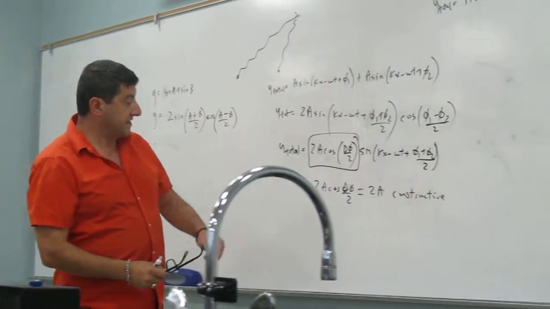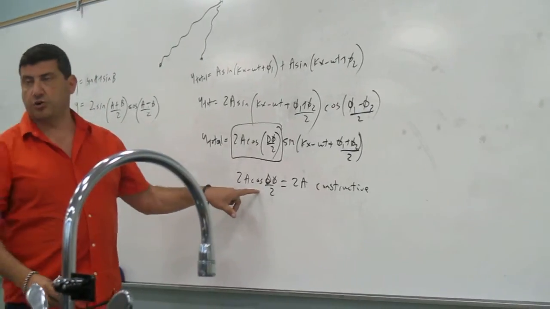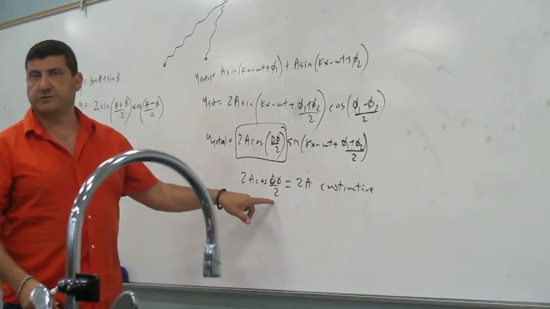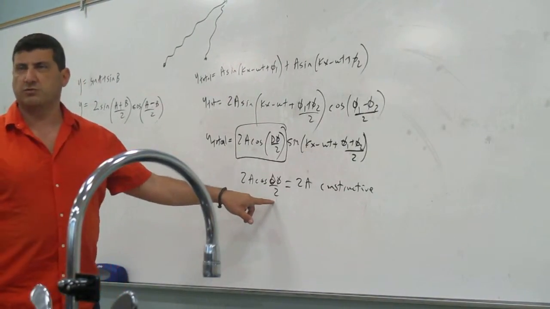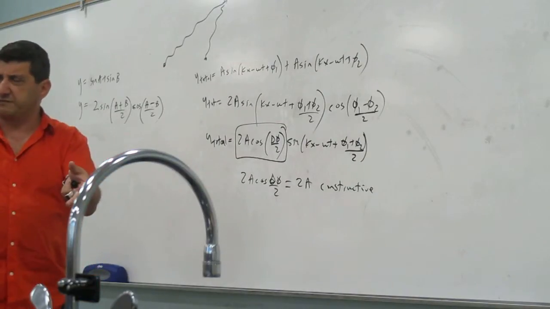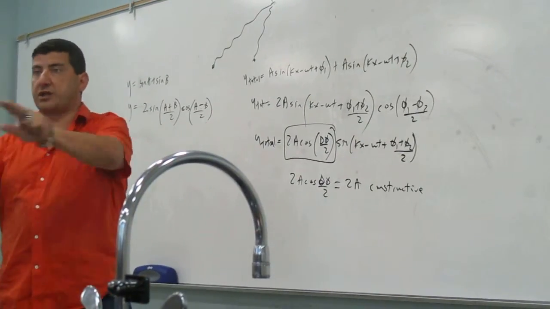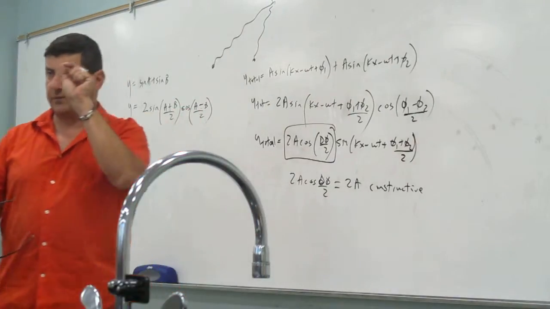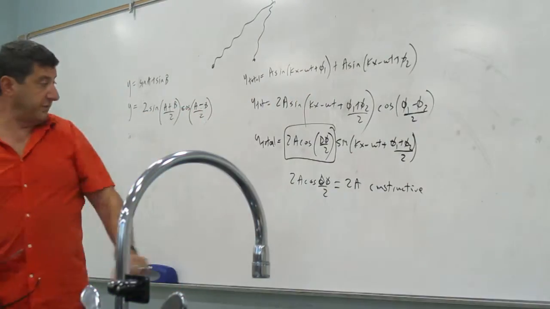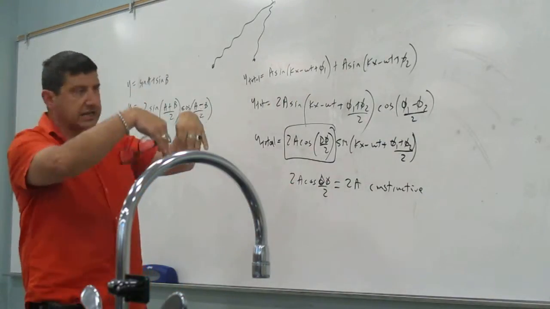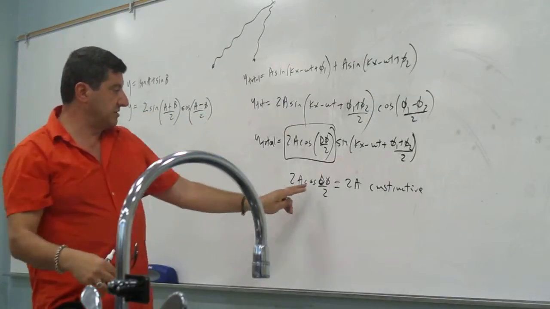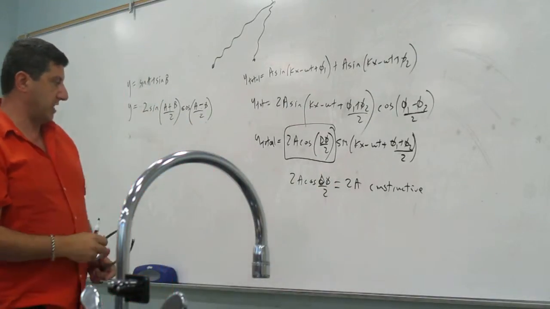Of course, if cosine of delta phi over 2 is, let's say, 0.8, then it's not complete constructive interference. It's somewhere between destructive and constructive. But we're focusing on complete constructive, which means they meet exactly in phase and the amplitude becomes 2A.